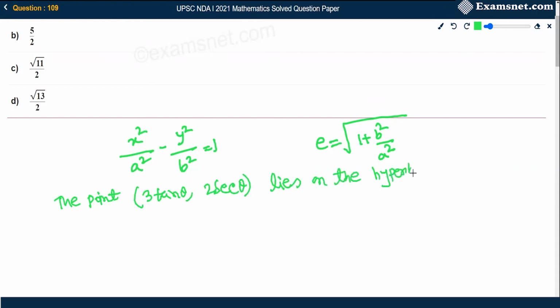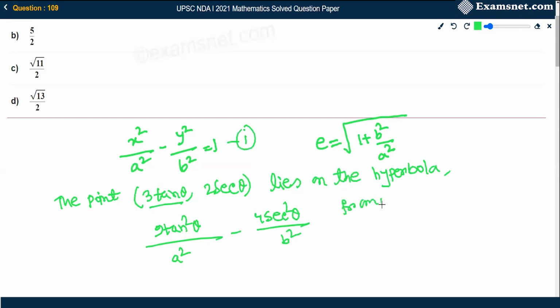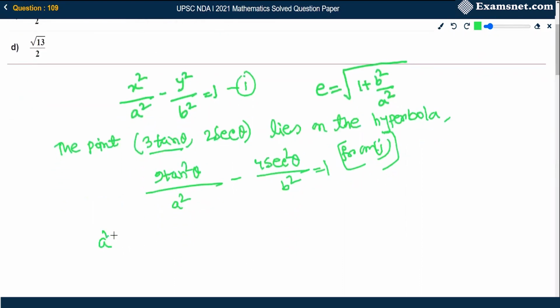So here we can write 9 tan square theta by a square minus 4 sec square theta by b square, let's name it equation number 1, equals 1. Right? Now look here, we can assume that a square equals 9 and b square equals 4. Remember, we are assuming this.